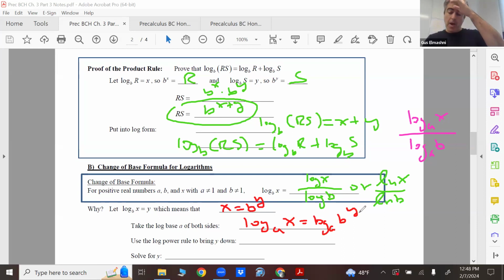And what property can I use next on the right side? When you bring the Y to the front, what's that rule called? Power rule. Thank you, Adi. And then we isolate Y. What does Y equal? There we go.